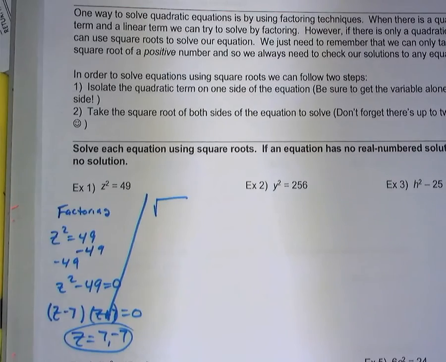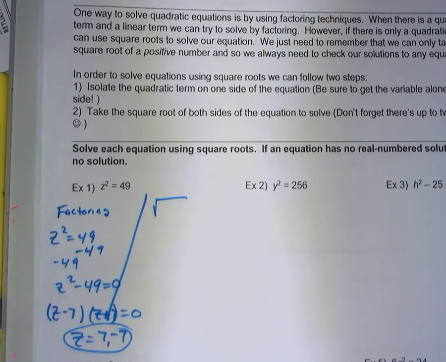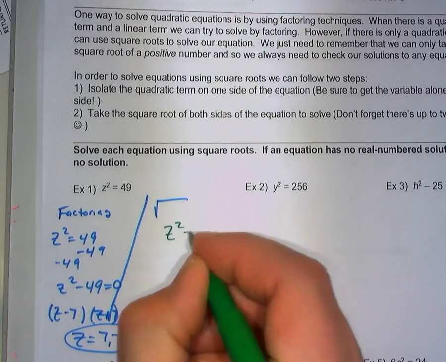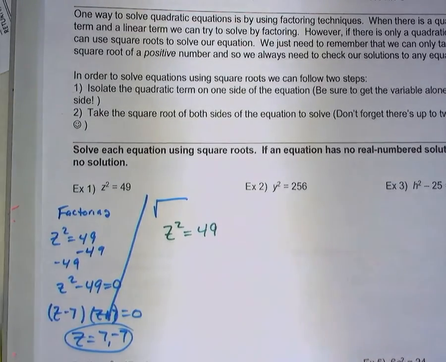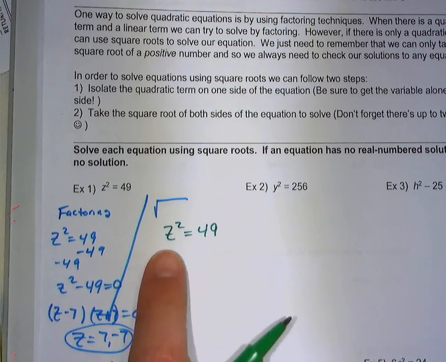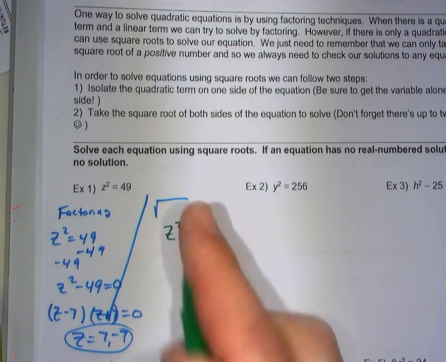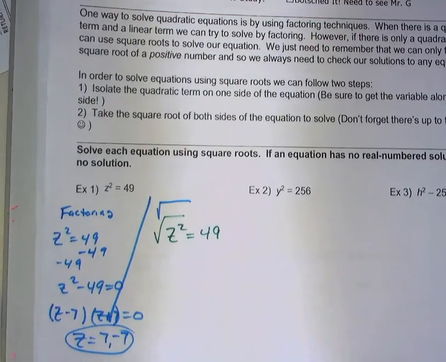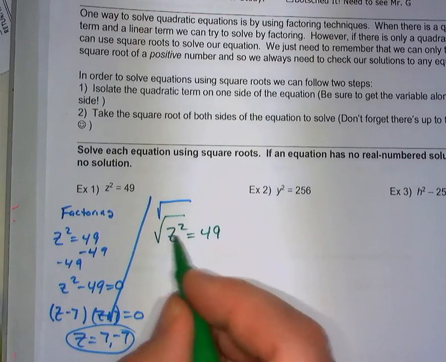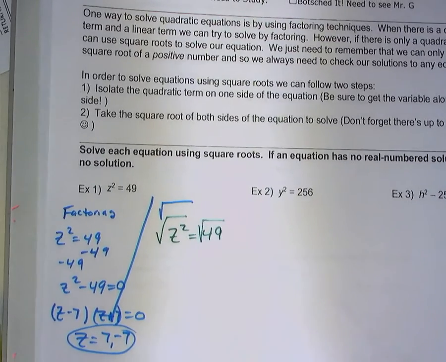Okay. Now we have a new way. It's called the square root method. We have z squared equal 49 to start. And all we're going to do, to undo the squaring, is square root it. And when we square root this guy, we got to square root this guy.